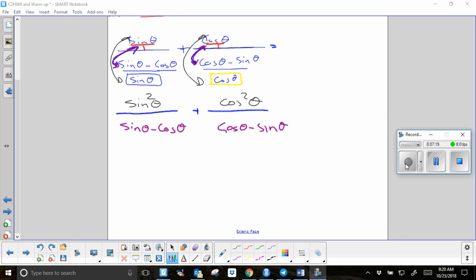Guys, in algebra, and I'm going to put a reminder right here. Reminder: A minus B. How can I turn it into B minus A? What do I need to do to make it B minus A? All I need to do is multiply it by a negative 1.